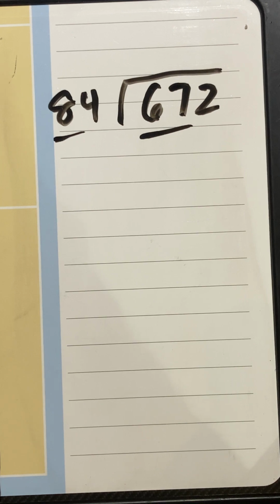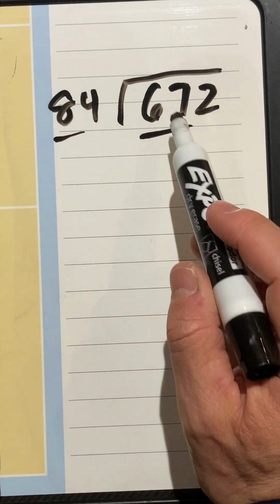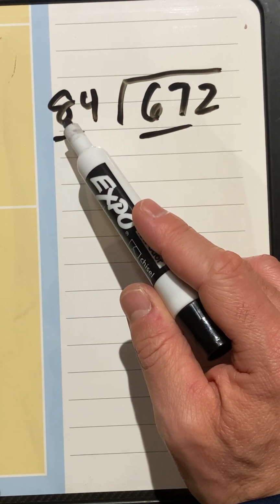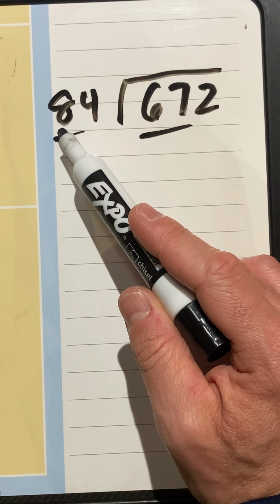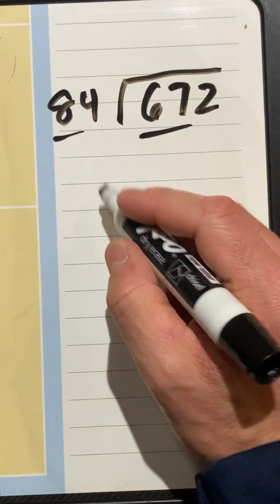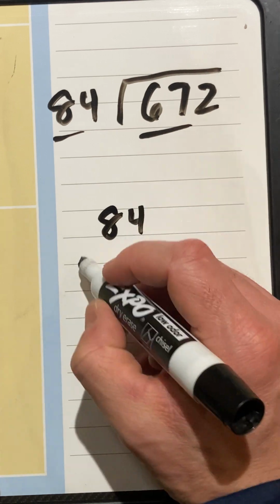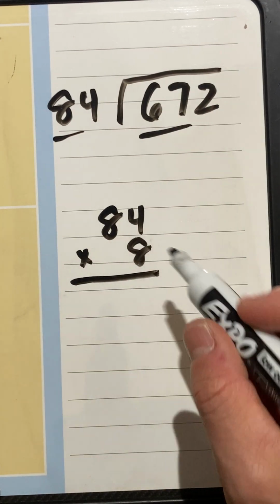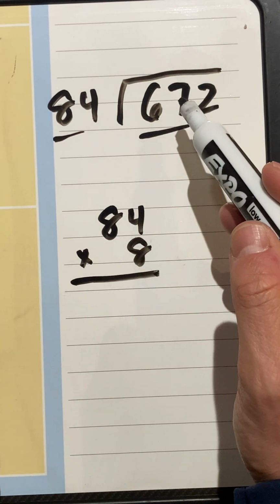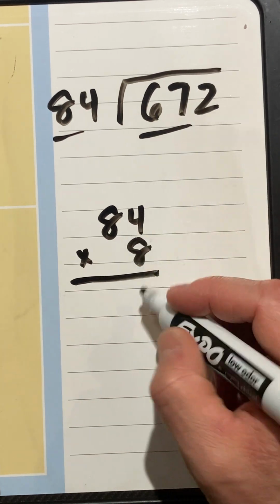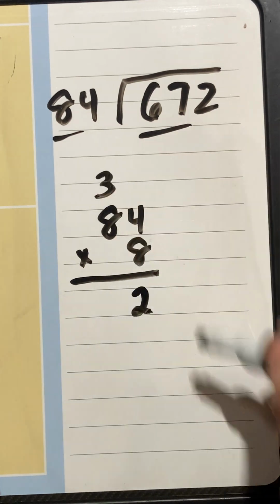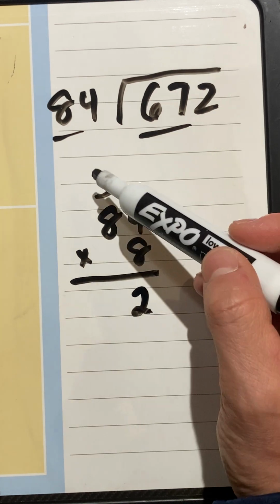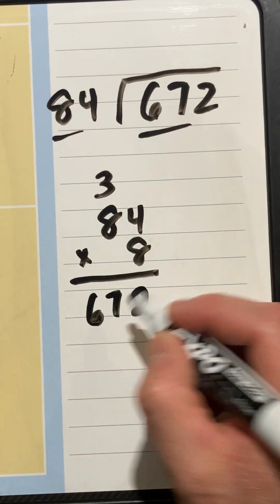So when we're thinking about a multiplication chart, the closest I can get to 67 using 8s is 64, because 8 times 8 is 64. So I'm going to start with 84 times 8. This answer has to be less than this. So 4 times 8 is 32. 8 times 8 is 64, plus 3 is 67.